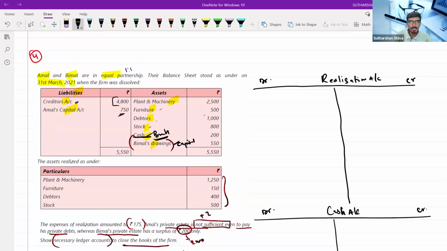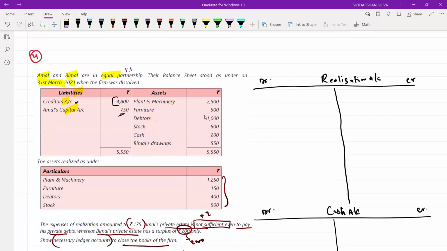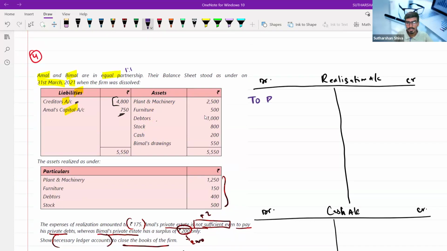Now we'll do the posting. What is the first step in the process? Transfer of assets, dismantling of the balance sheet. That will be to plant and machinery, to furniture, to debtors, to stock: 2,500, 500, 1,800.